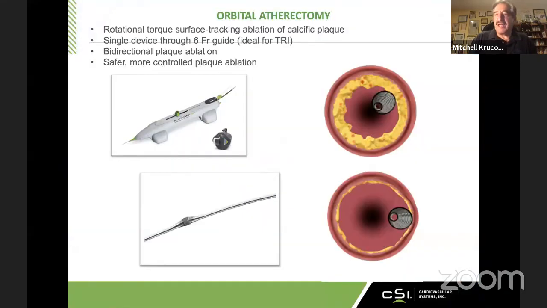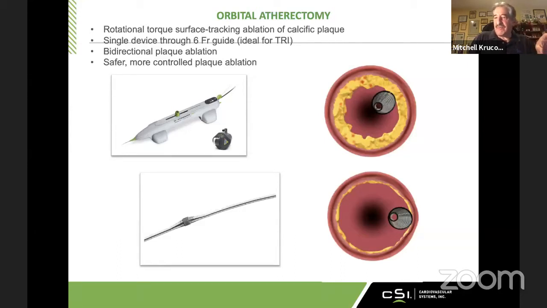Specifically, the tool that has become for me the gold standard in this regard is the orbital atherectomy device, which at least in the US is distributed by Cardiovascular Systems Inc., or CSI. Having been a rotablator user since the Rotablator was invented by David Auth, I think the big differences here are that this is an eccentrically placed cutting surface, and as it spins, the centrifugal force carries the cutting surface outward to the lumen.